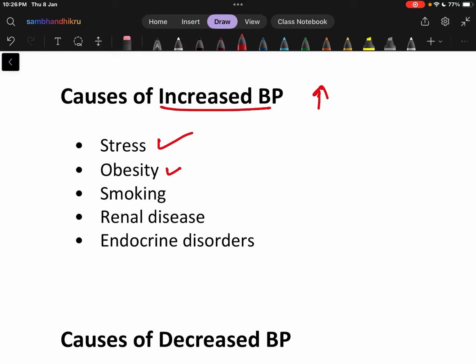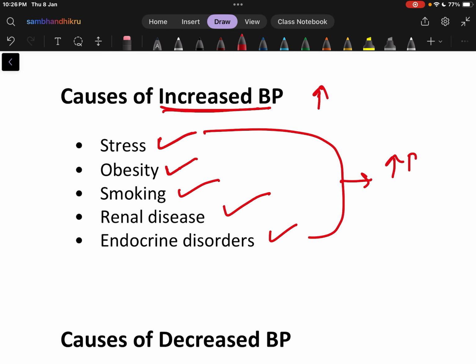Stress, obesity, smoking, renal disease, endocrine disorders, these things will increase your BP, right?